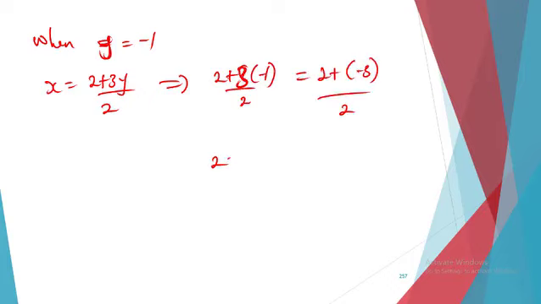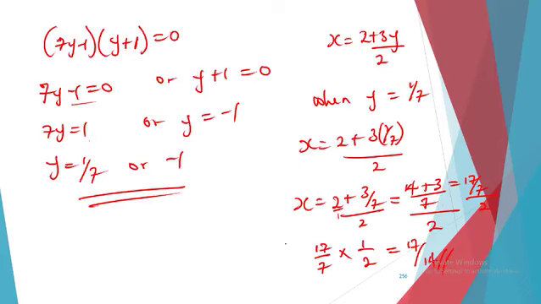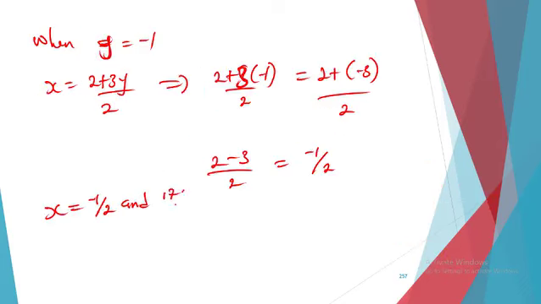We have 2 minus 3 all over 2, which is minus 1 over 2. So the two values of x are minus 1 over 2 and 17 over 14.